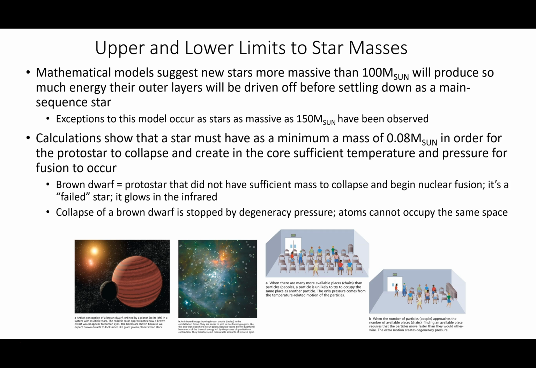It's a failed star. It's a brown dwarf. The limit is 8%, or 0.08 times the mass of our sun, for it to begin nuclear fusion at its core. Less than that, it doesn't. It gets nice and toasty, but then it just kind of dies away.